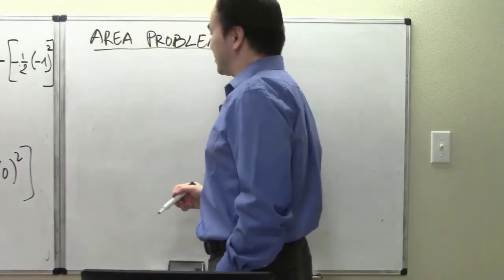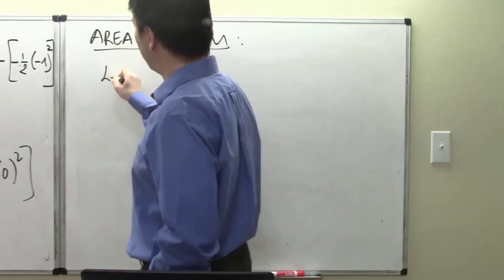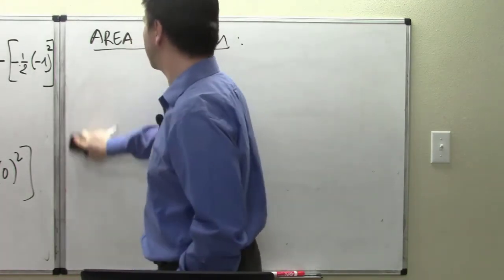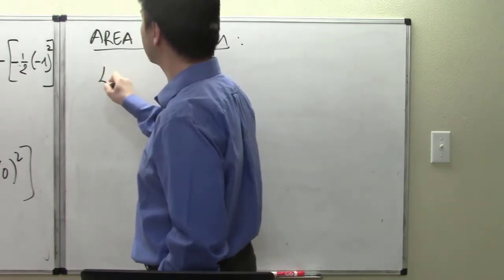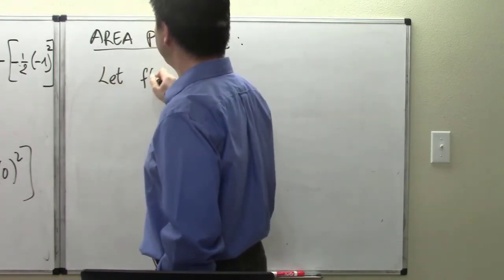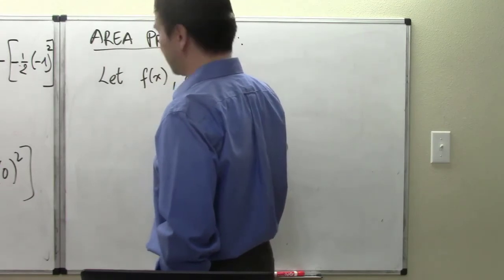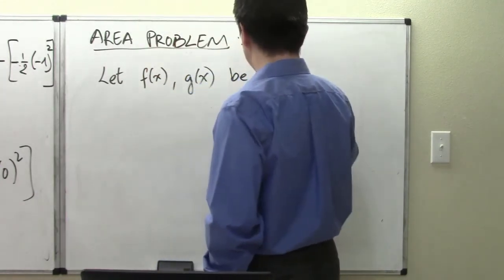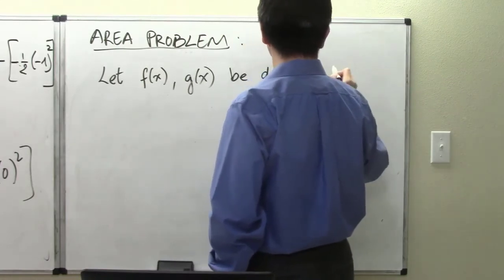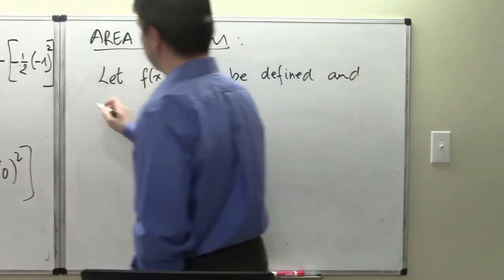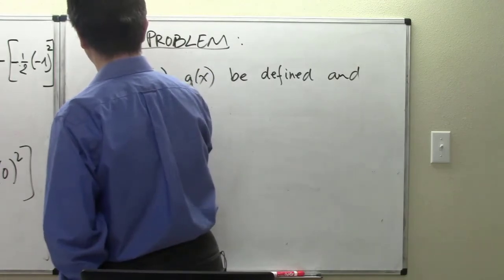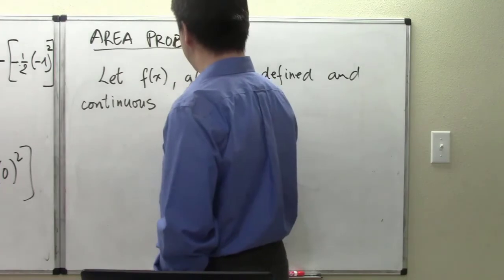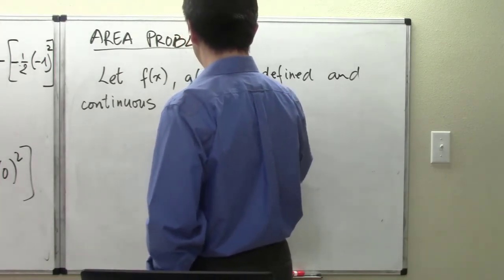Okay, so now I'm going to say the following. Let f of x and g of x be two functions that are defined and continuous on a given interval from a to b.